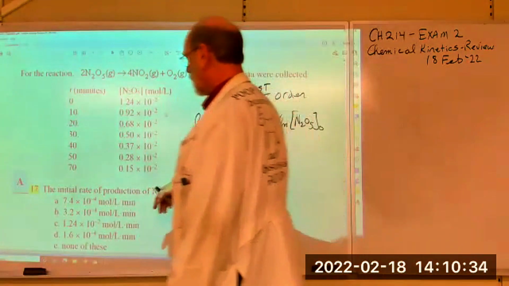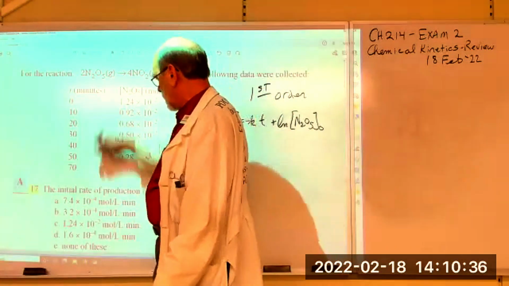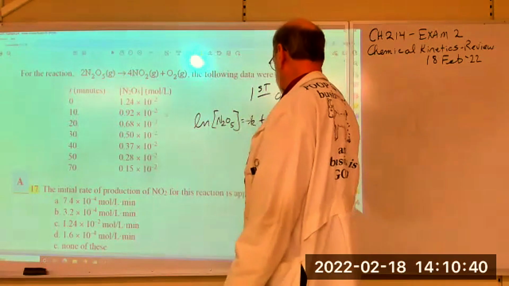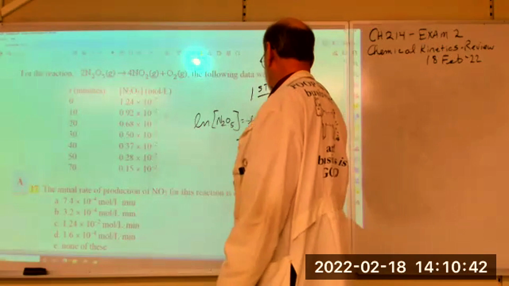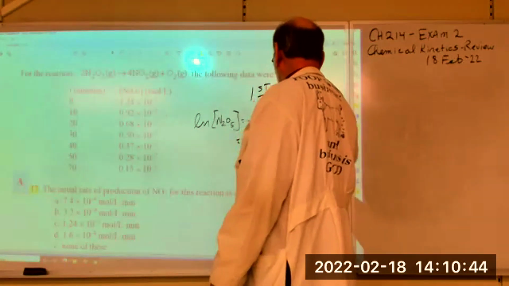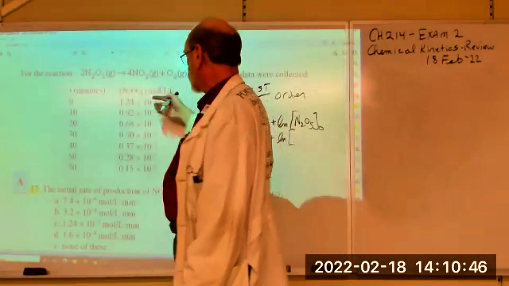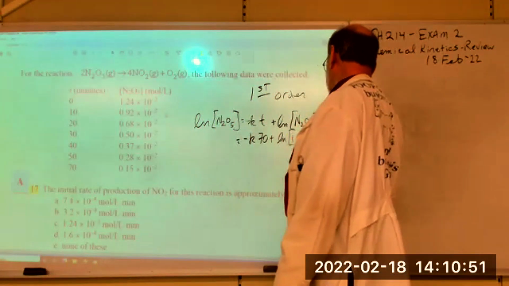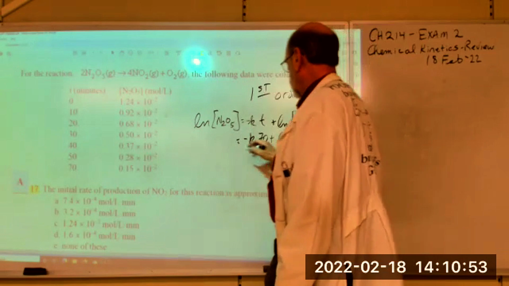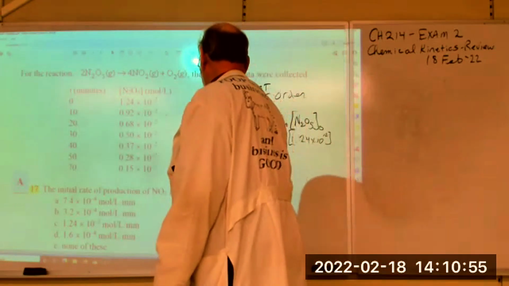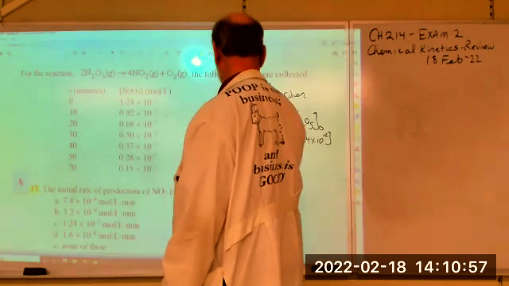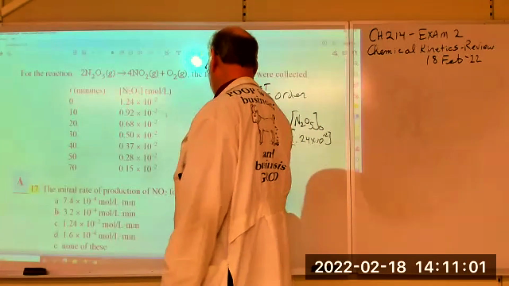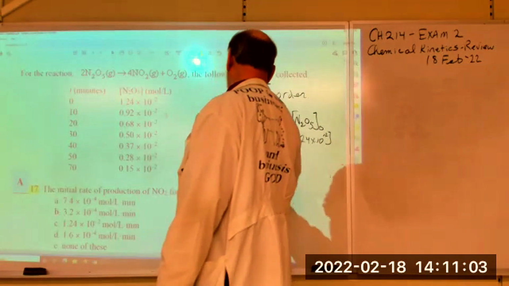Okay. So I think in that problem I worked out, I said, okay, after 70 minutes, so time is 70. And then the natural log of the beginning concentration was 1.24 times 10 to the minus 2 molar. And then this one is the natural log of the concentration at time 70, 0.15 times 10 to the minus 2.